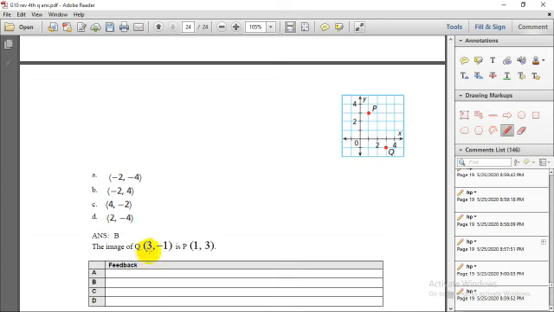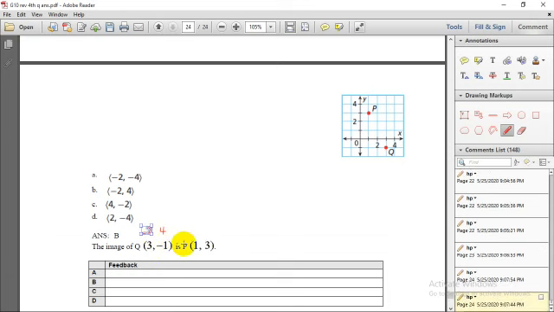So what happened to the 3 to become 1? 3 became 1, so I make it negative 2. 3 minus 2 gives me 1. Very good. What happened to negative 1 to become 3? I added 4. Negative 1 plus 4 gives you 3. So this is my vector, which is (negative 2, 4).